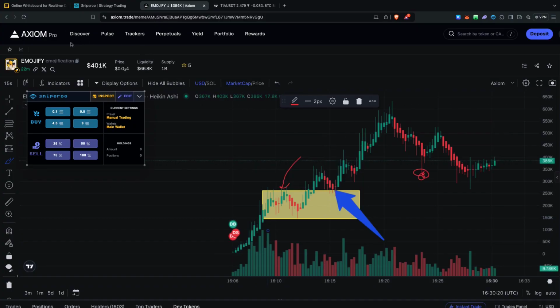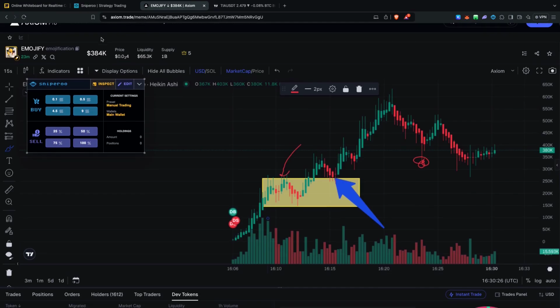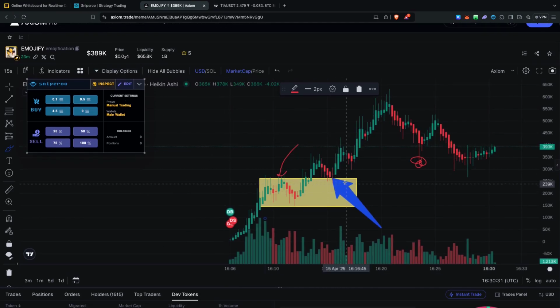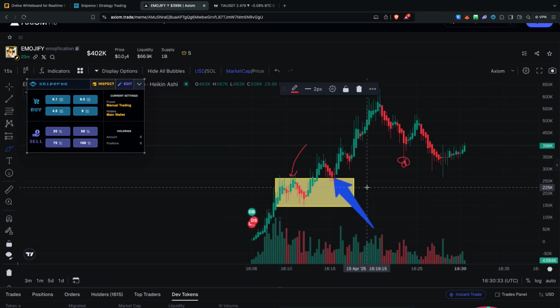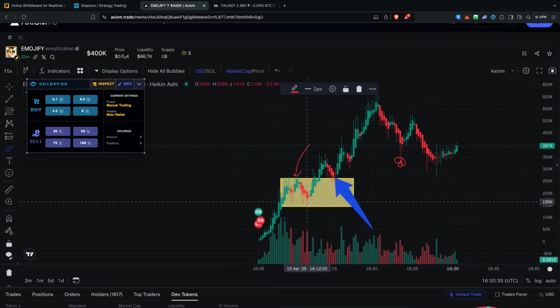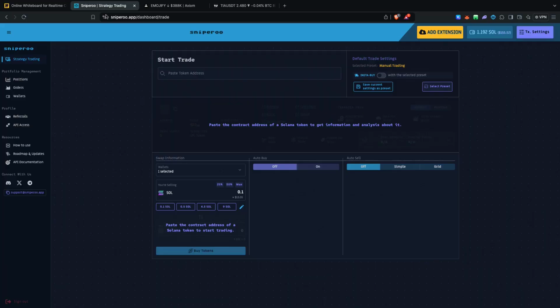For me, the trading section is a very good area to start looking for trades without really having to worry about rug pulls and all that stuff, because at least you've got a decent amount of time to get your scalps in and out. And with using Sniperoo, you are obviously guaranteed not to lose at all.